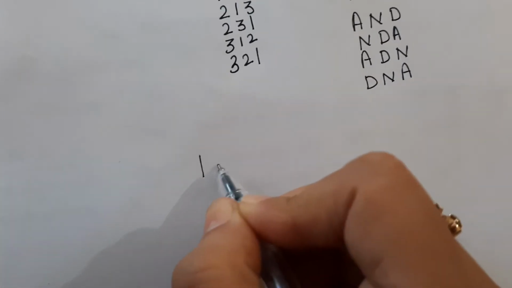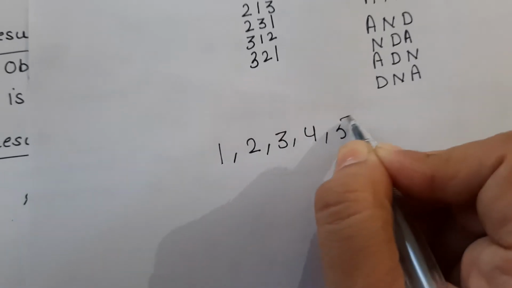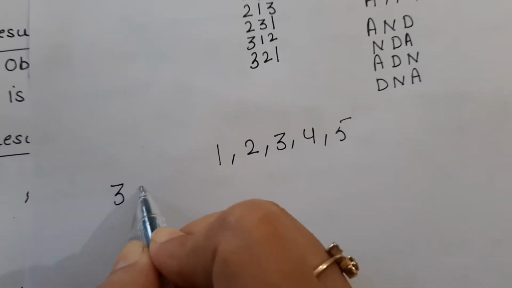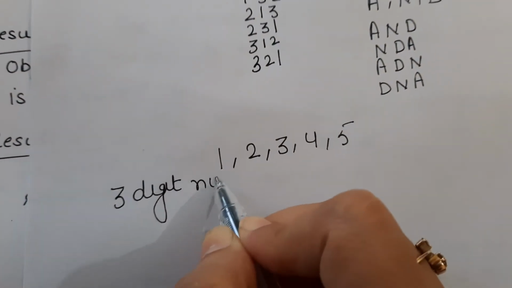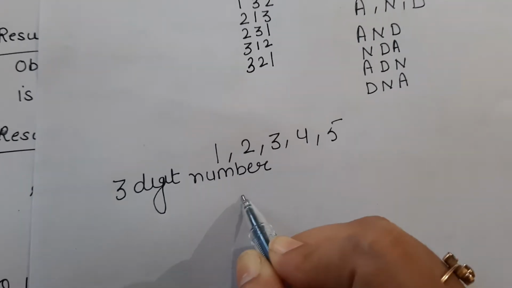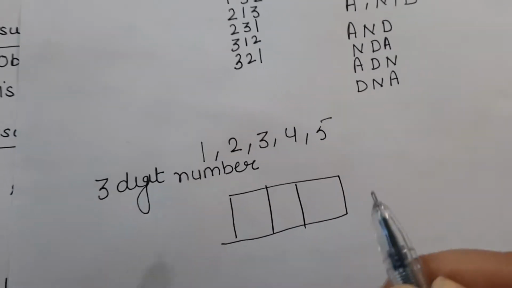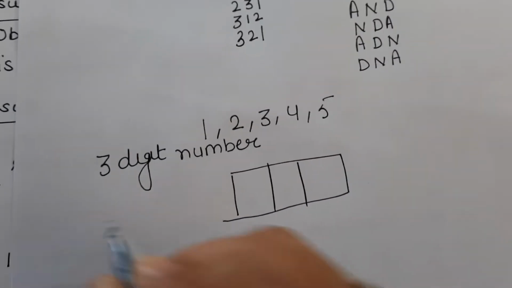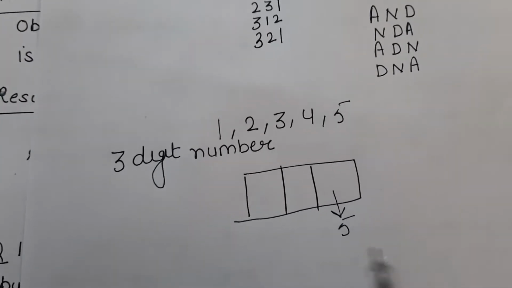Like if you have 5 digits 1 2 3 4 5, you have to form a 3 digit number. So we are going to make 3 blocks. The first part, when repetition is allowed, that means this place can be filled in 5 ways.